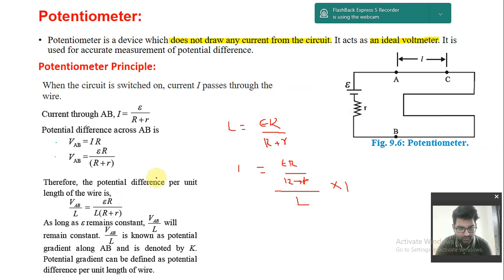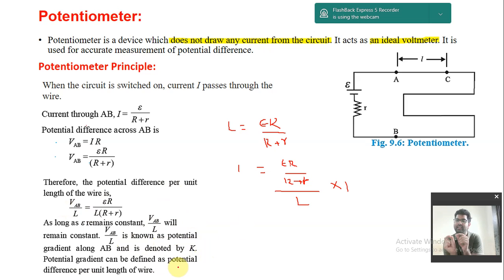As long as these things remain constant, V_AB upon L will remain constant. That is, the potential difference per unit length will remain constant. Then I can call it a constant denoted by K, and I will call it the potential gradient.